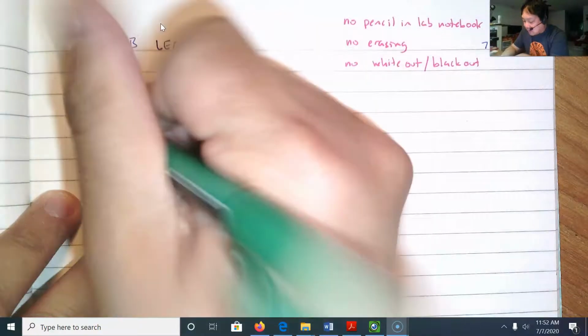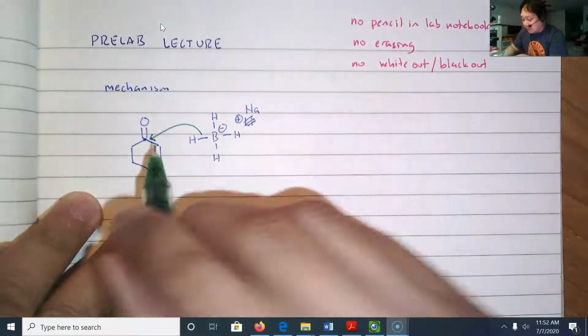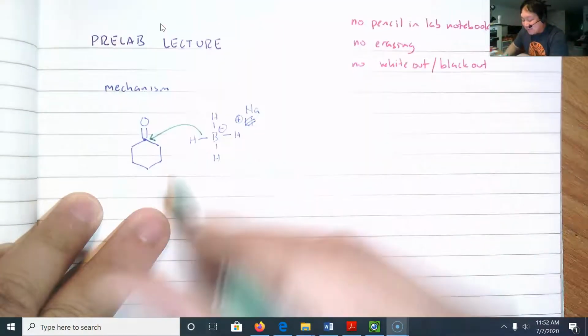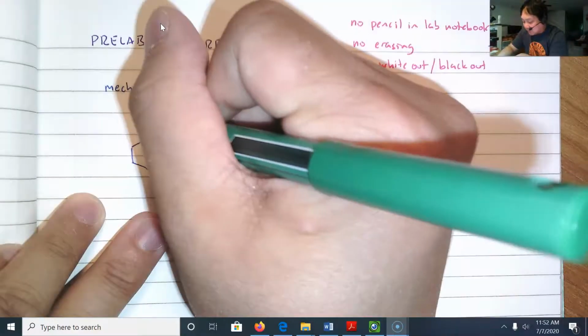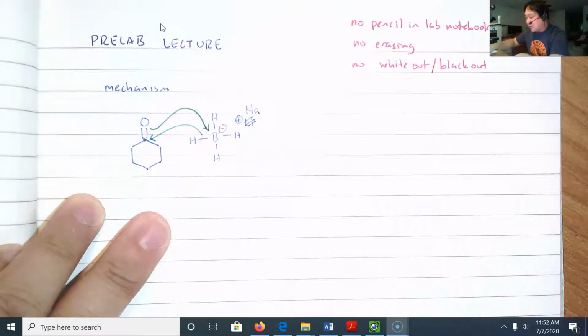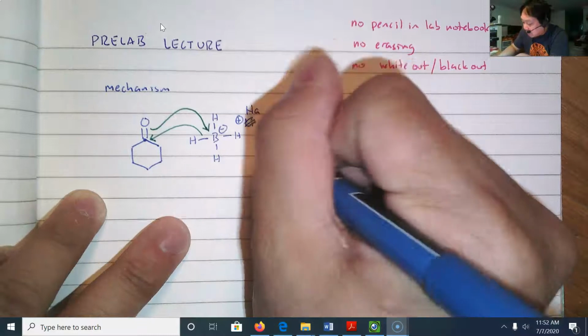We have that. And now, what do we do? Oh, here we go. I almost forgot. Instead of putting the pi electrons onto the oxygen, the pi electrons actually are going to the boron. Okay, that's different. We didn't see that with lithium aluminum hydride, but we do see with sodium borohydride.